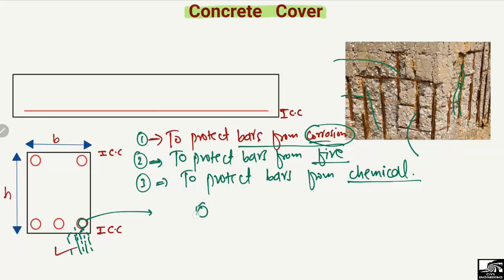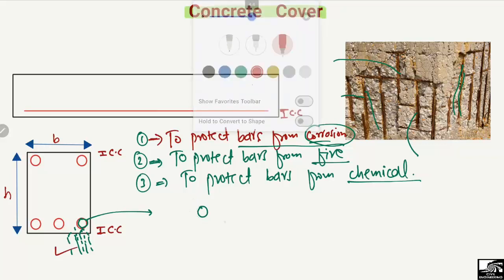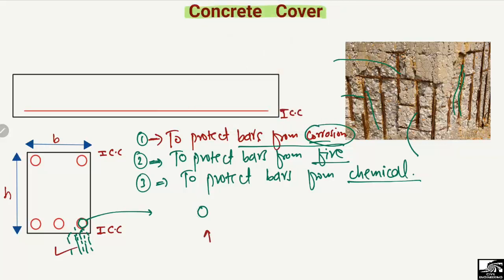Here I draw with a different color. So this is a steel bar, and now the chloride attacks on this steel bar from different direction, and what happens? They produce some corrosion products around the steel bar, and thus it decreases the tensile capacity of the steel reinforcement. So we have to avoid this corrosion product.